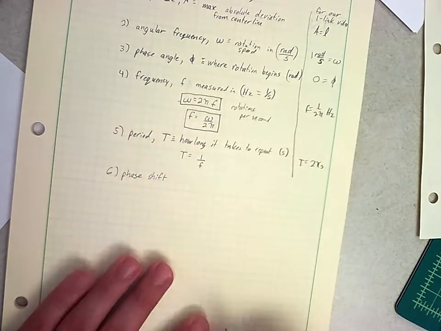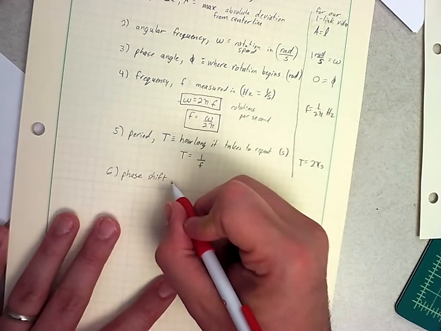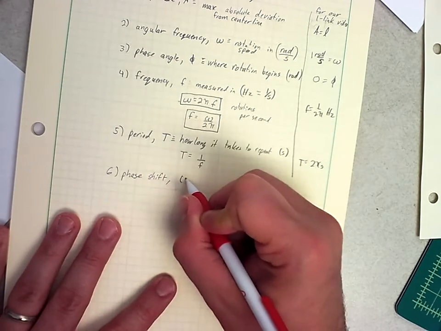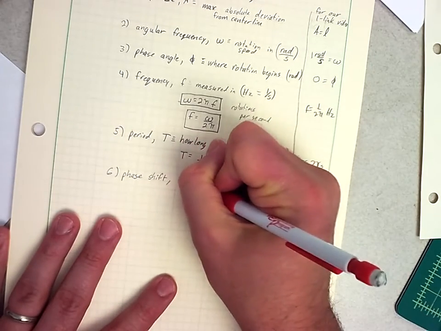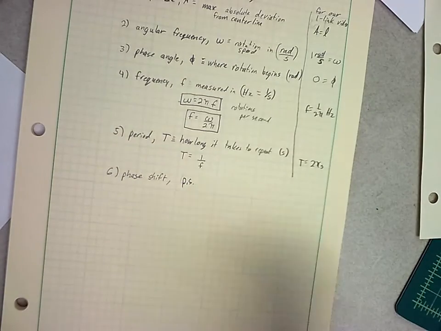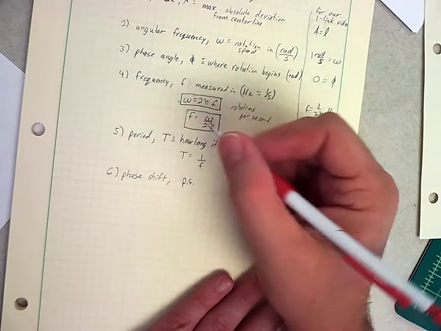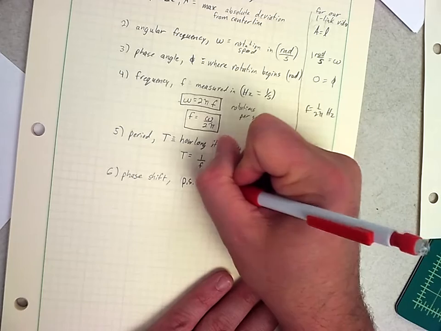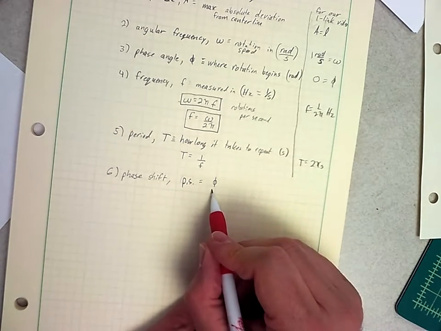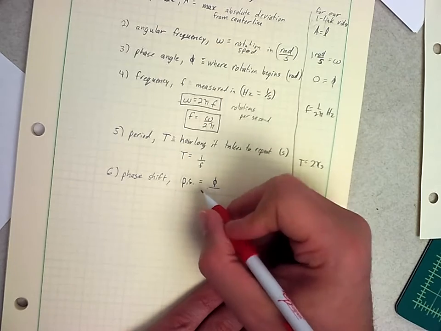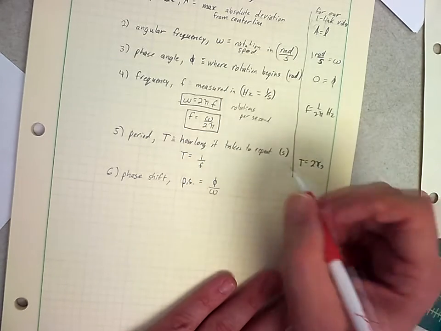And this doesn't really have its own variable, but it's measured in seconds. A lot of times I'll just abbreviate it as PS, for lack of a better term. And it's equal to our phase angle divided by our angular frequency.